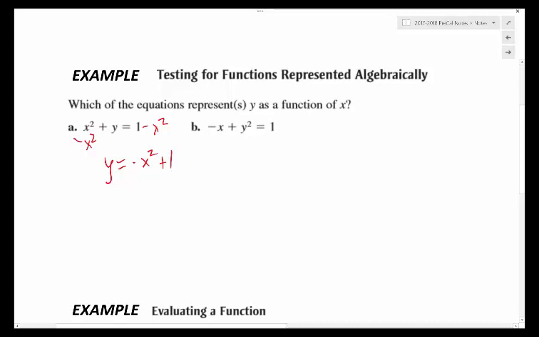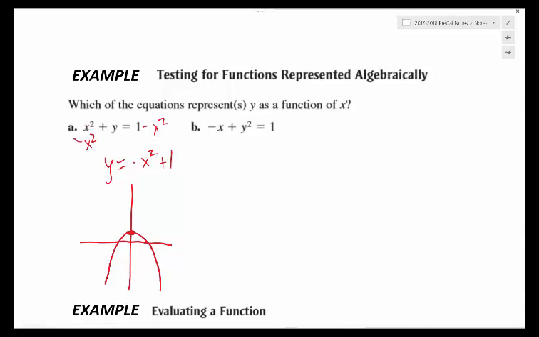There is nowhere here that I'm going to have a repeat. If I graph this, it is going to have a y-intercept of positive 1, and it's going to go down like so. So you will never have a repeat of x values.